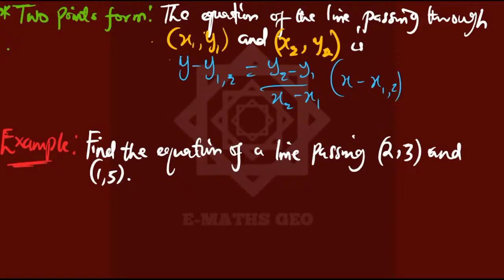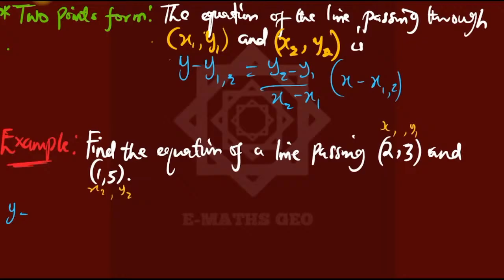So look at this question now. We're asked to find the equation of the line passing through those points. So let's call the first one x1, y1, and this x2, y2. So using the formula stated above, you have y minus y1. So I'm using the first point, y1 and x1. If we use y2 and x2, we will still get the same answer.